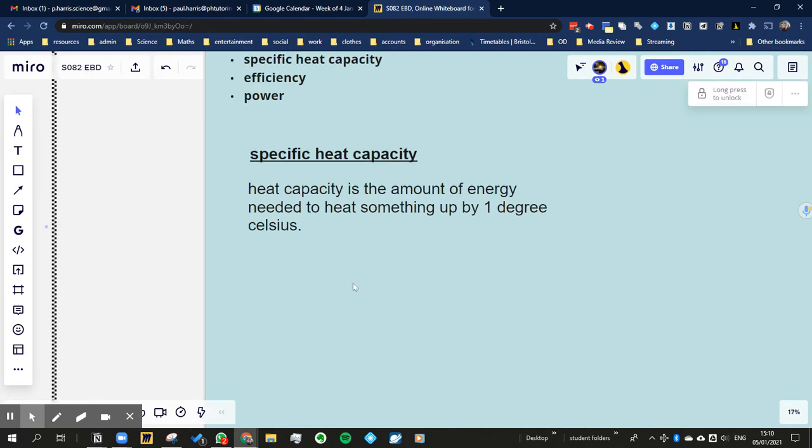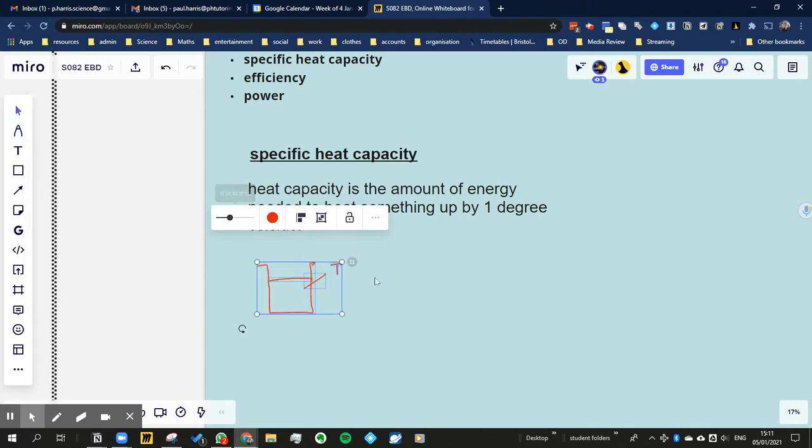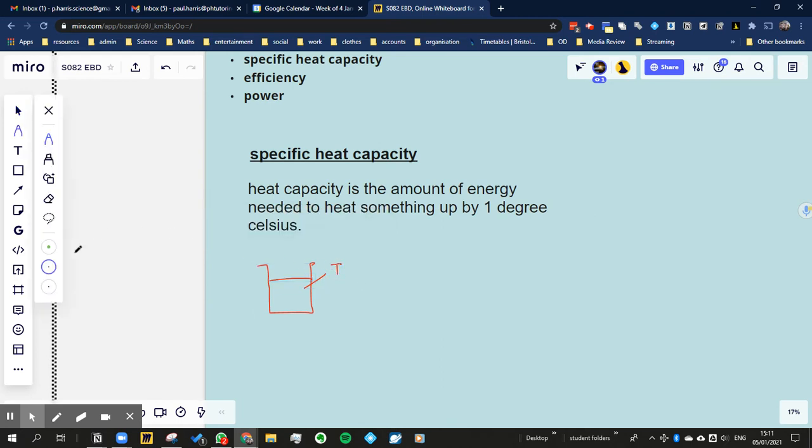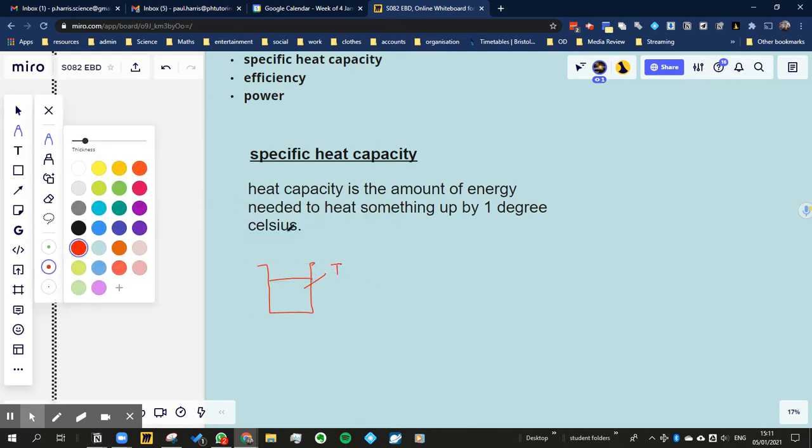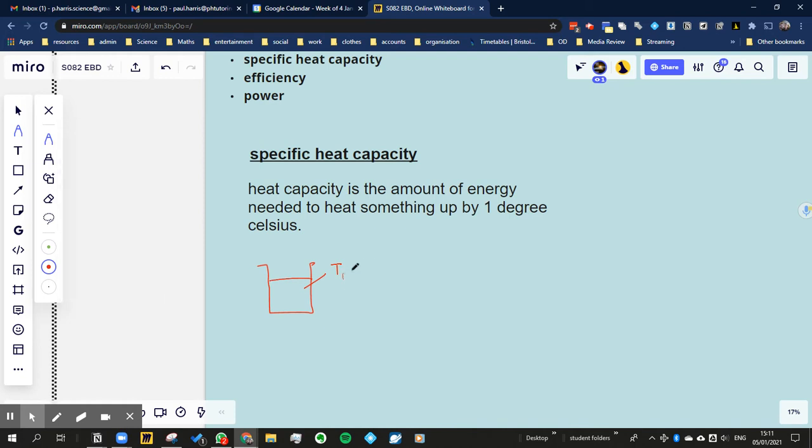So if I had, let's say, a beaker of water, and currently the starting temperature, I'll call that T1, is equal to maybe 10 degrees C, right? Now I want to get it up to 11 degrees C, okay?